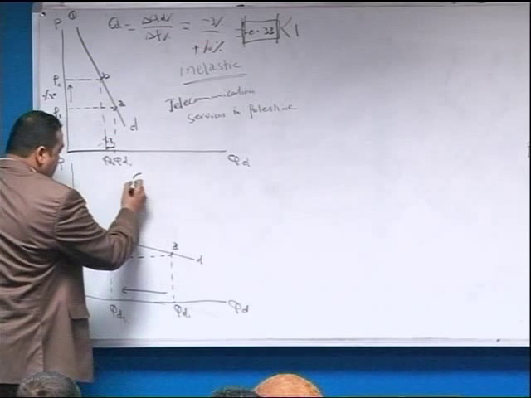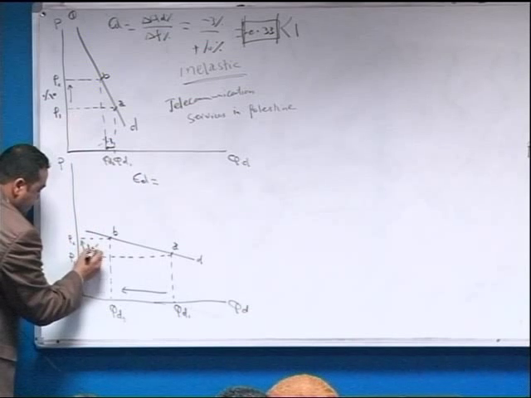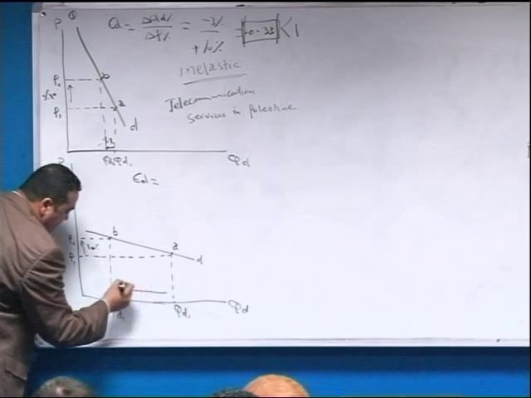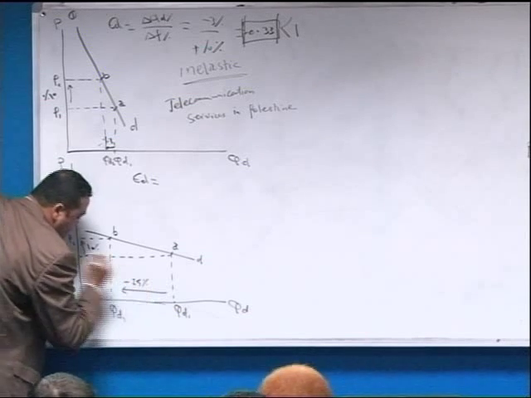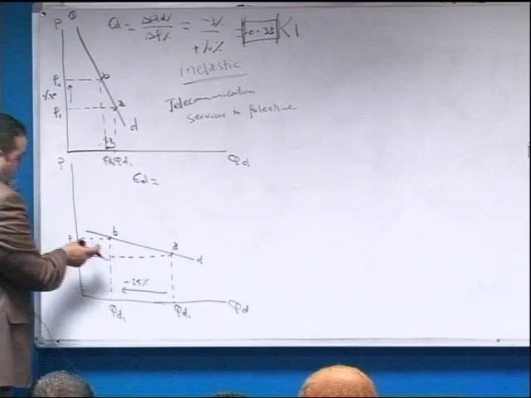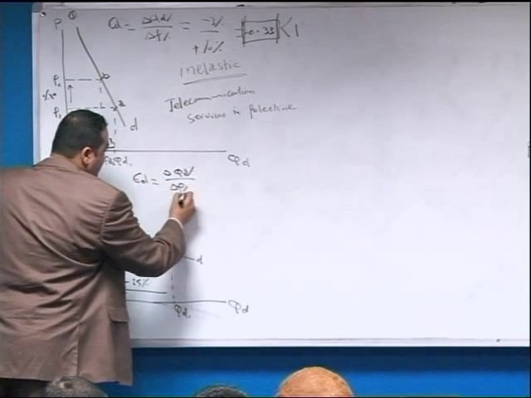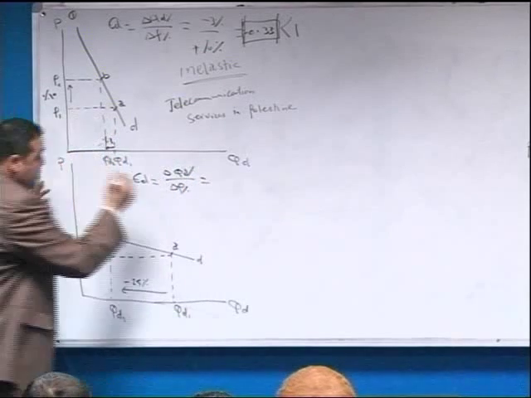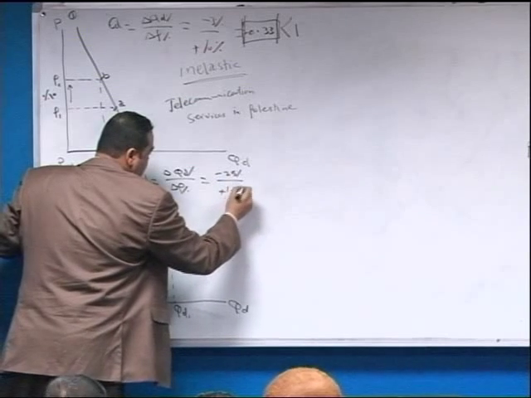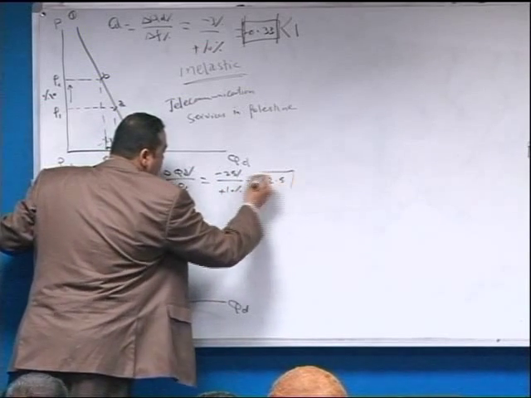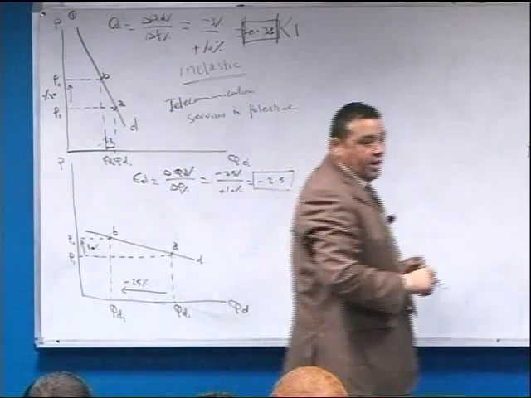Suppose that we are increasing the price by 10% and we have a reduction in the quantity demanded by 25%. So ED equals delta Q percent over delta P percent, equals minus 25% over positive 10%, equals minus 2.5. The absolute value is larger than 1.